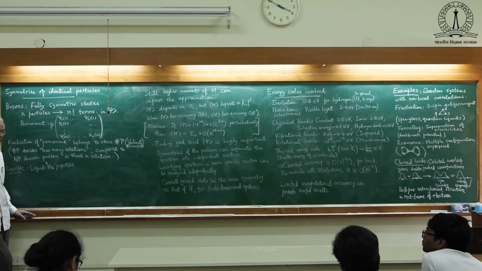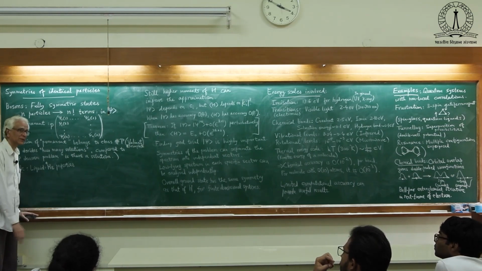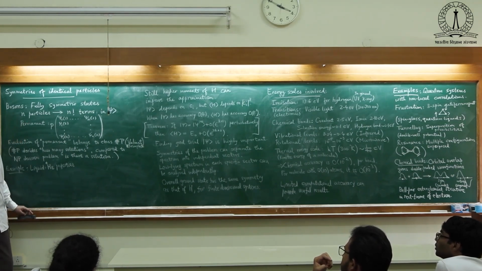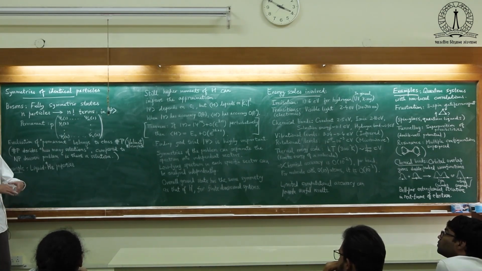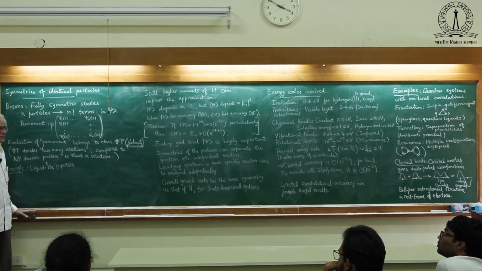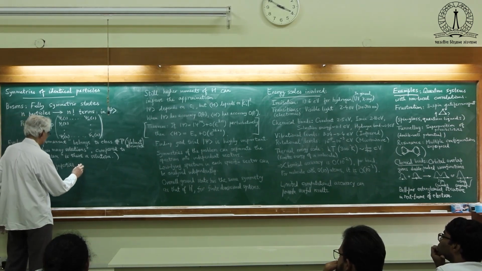Even after all these years of quantum theory, what is the ground state of liquid helium? Can you write a good description for it? What are its excitations? Out of control. No method exists which is numerically so.